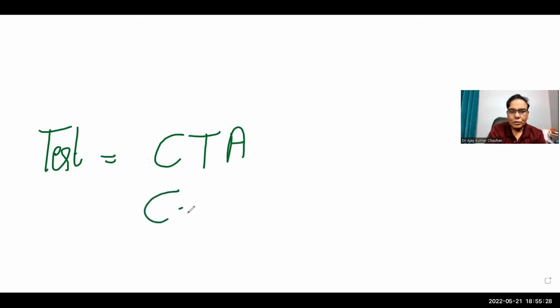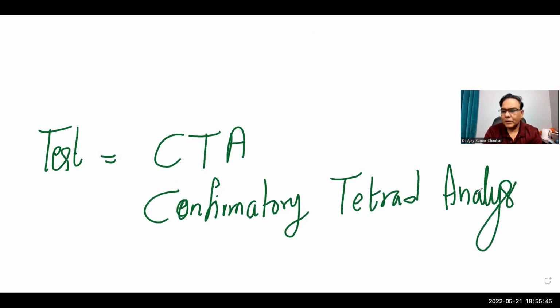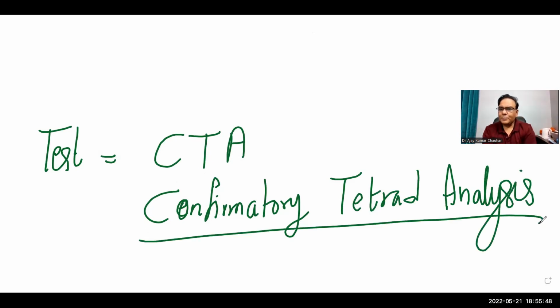The full form of CTA is confirmatory tetrad analysis. So in PLS software, we have this facility also to identify whether the construct is formative or reflective.